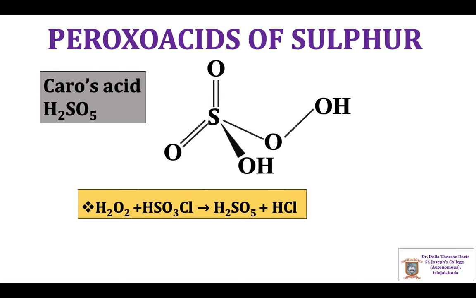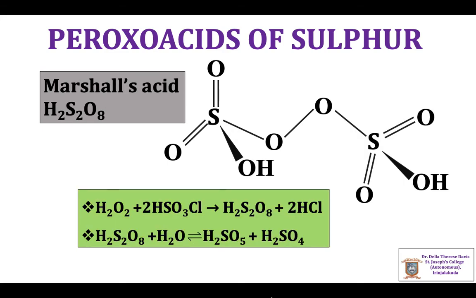It is formed when H2O2 reacts with HSO3Cl. In Caro's acid, the sulfur atom is bonded to two oxygen atoms by double bonds, one OH group by single bond, and there is a sulfur-oxygen single bond, and that oxygen is bonded to another OH group.